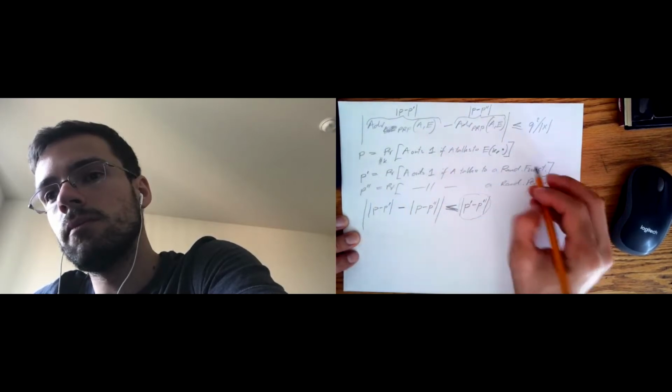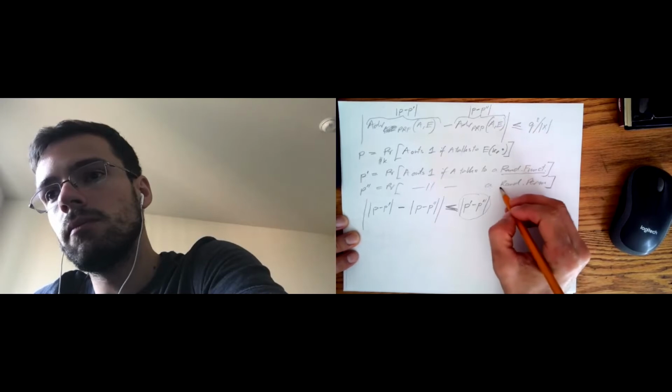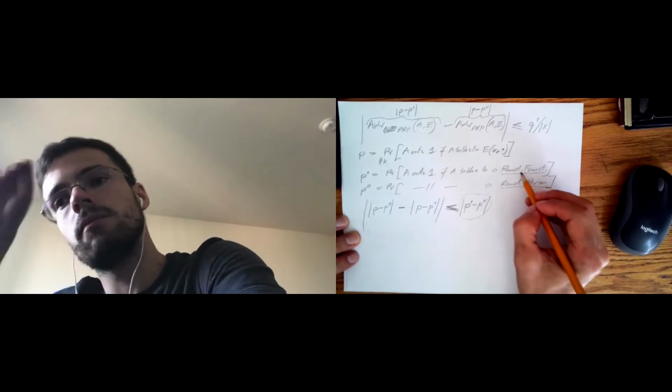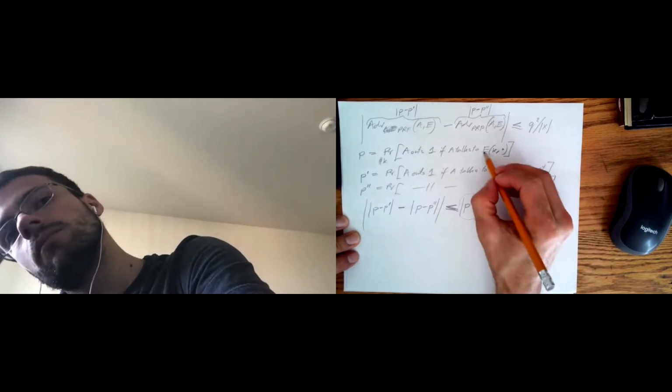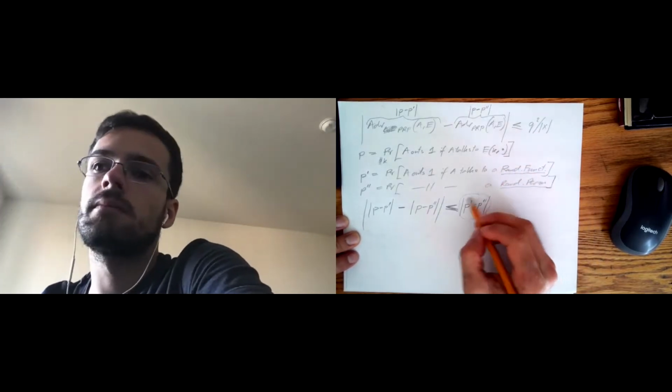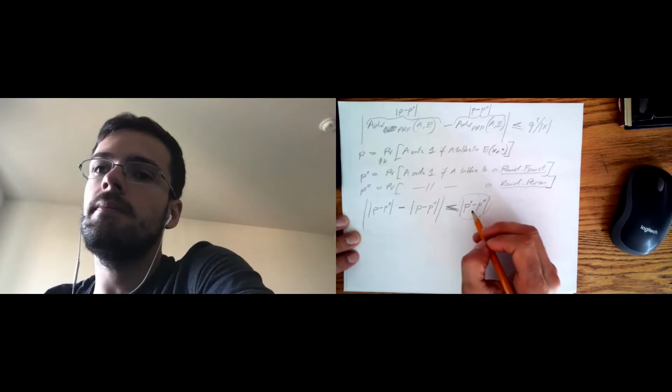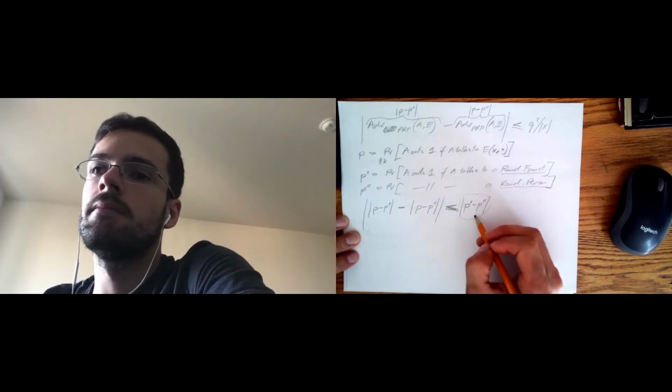So you see, right here, it's just about differentiating between a random function and a random permutation. E vanished. It's no longer even in the picture.